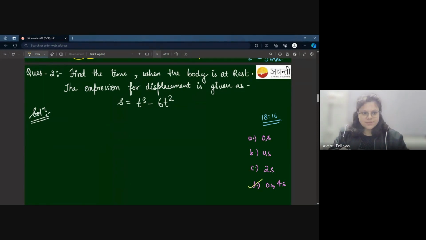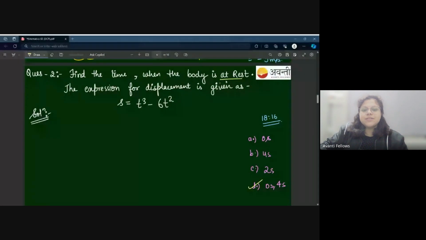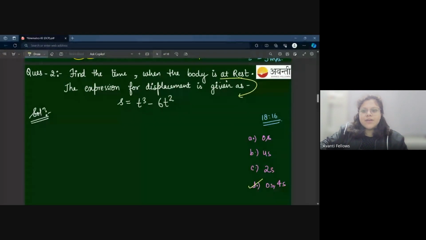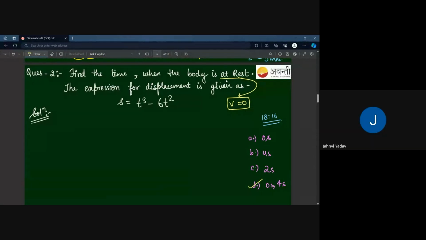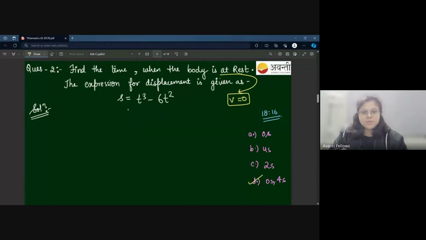Let's solve this equation. They said, find the time when the body is at rest. If I'm saying that a body is at rest, then basically V is going to be 0, right? Yes, ma'am. So what will you do? You just differentiate it with respect to time.